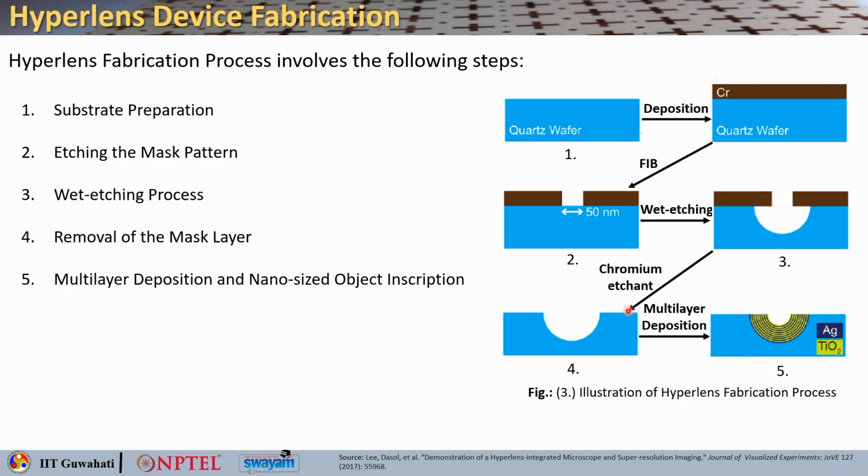That is done by using chromium etchant, and then you do multilayer deposition. Here you can consider silver and TiO2 as the two alternating layers, and then finally you make a small intrusion as the object, and then you can set up the imaging system here and do the imaging process.